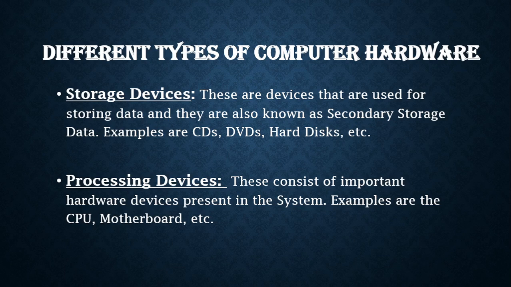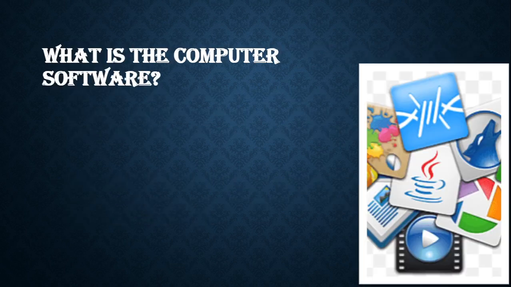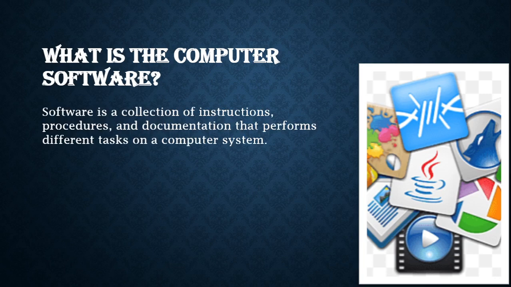Now let's move toward understanding software. So what is computer software? Software is a collection of instructions, procedures, and documentation that perform different tasks on a computer.